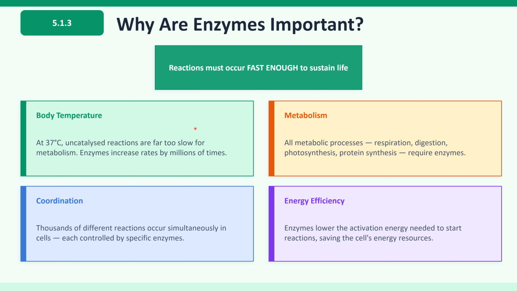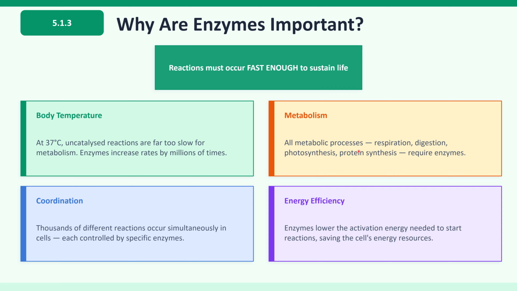First, let's look at body temperature. At 37 degrees centigrade, uncatalyzed reactions are far too slow for metabolism. Enzymes increase rates by millions of times. So enzymes are the turbochargers here. Next, this is vital for our metabolism.